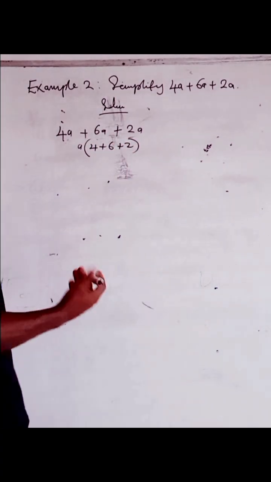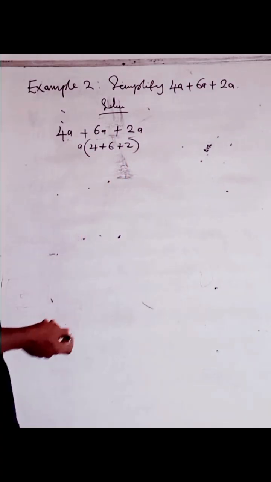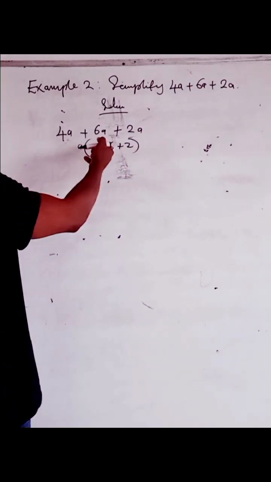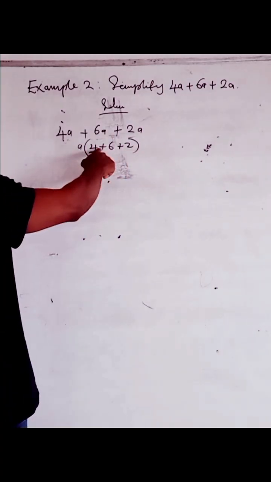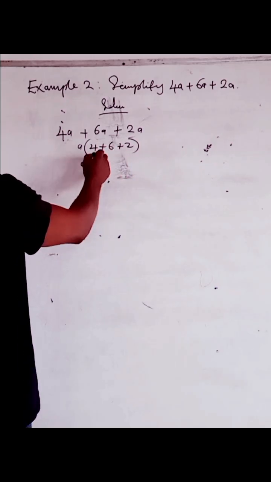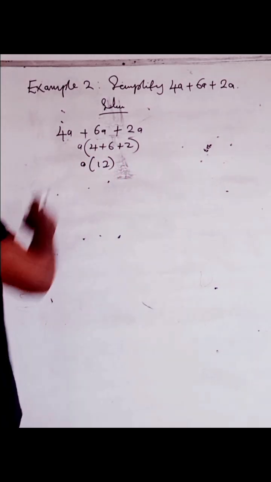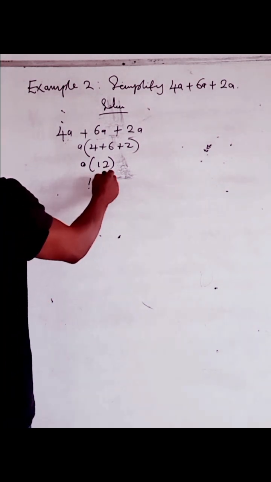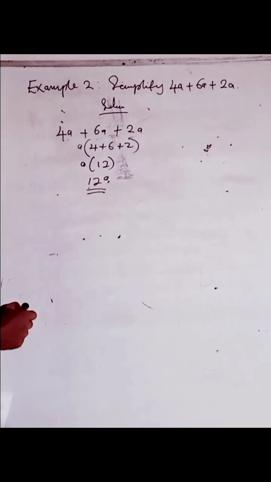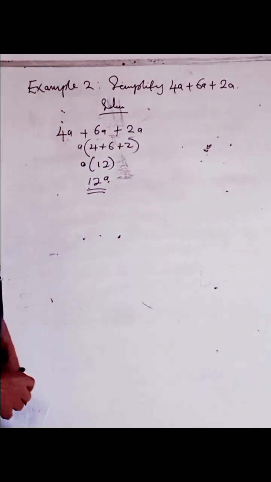So what we have to do now is to find the sum of the coefficients. And the sum of the coefficients here, 4 plus 6 plus 2, is equal to 12. So 12 plus the letter a is equal to 12a. So this is the simplified version of 4a plus 6a plus 2a.